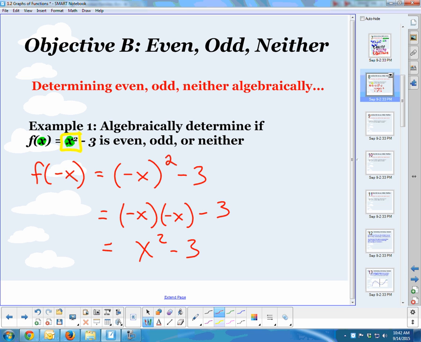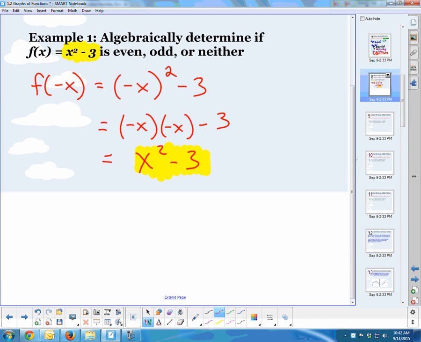And what I notice here is that now my result, the x squared minus 3 that I have, is exactly the same as what I started with. So I can make a further note here, one extra line that says that is f of x, because x squared minus 3 is equal to f of x.